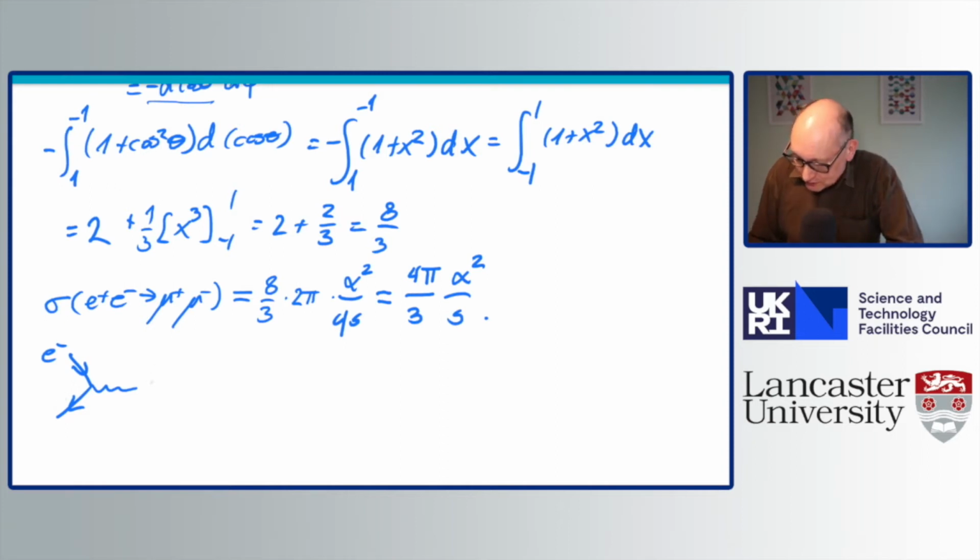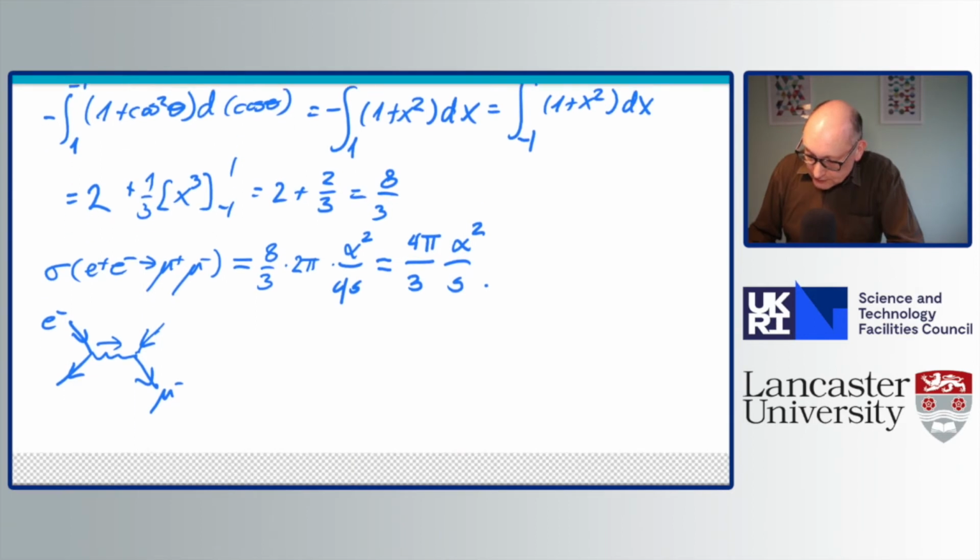So what we have here was a μ-, write that here, so e+ e- annihilating to a photon, creating a μ+ μ- pair.